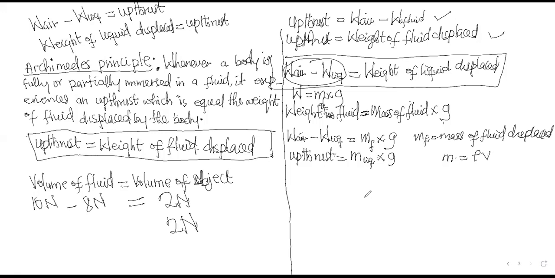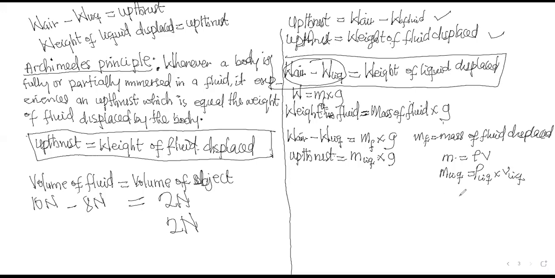Of course, density is mass over volume, and so it means that mass equals density times volume. So we want to express the mass of the liquid displaced in terms of density, meaning this is also equal to density of the liquid displaced times volume of the liquid displaced.